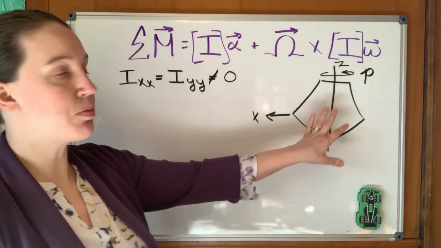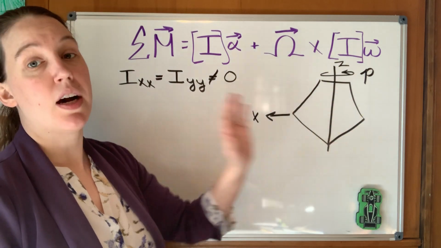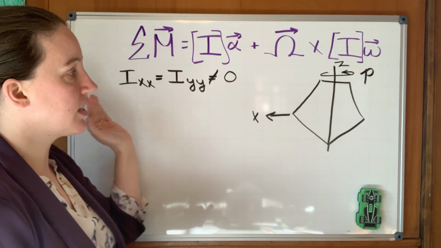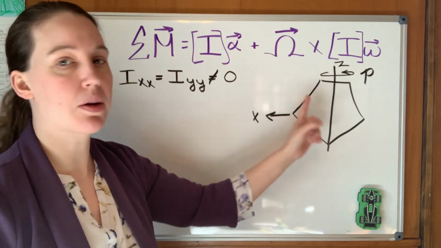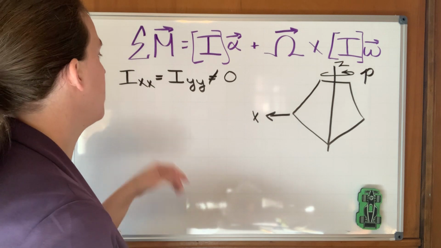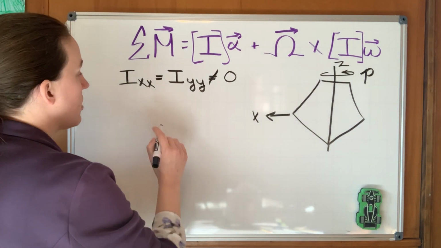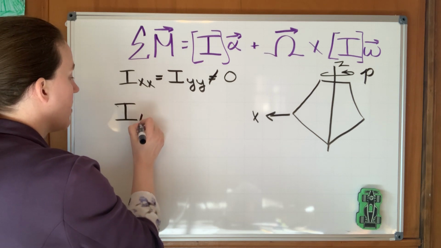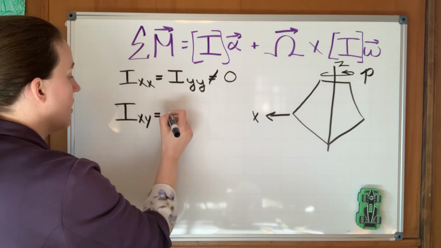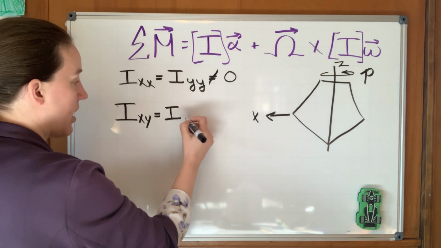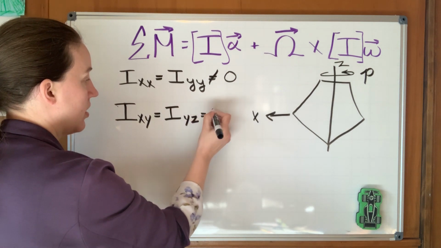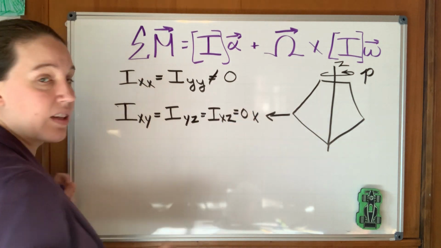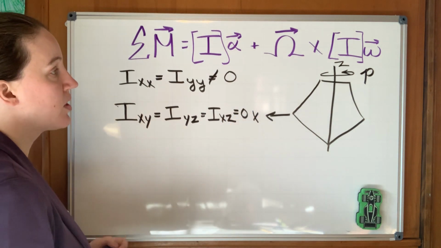Because this is a spinning disk object, these two are equal, because it's rotationally symmetric about the z-axis. So these two are not equal to 0, but usually equal to each other. Because of that symmetry, all the off-diagonal terms are equal to 0. So we don't have any of these terms.